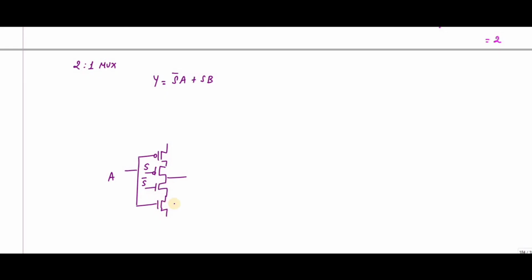This is nothing but S bar into A, and in a similar way I need to connect B. So B into S. This is my S and this is my S bar. And this is my B.